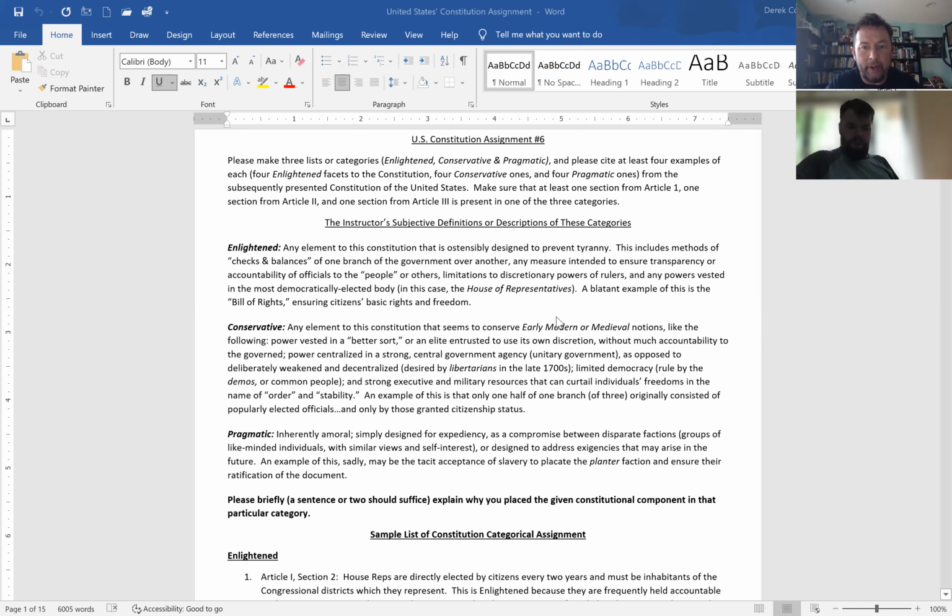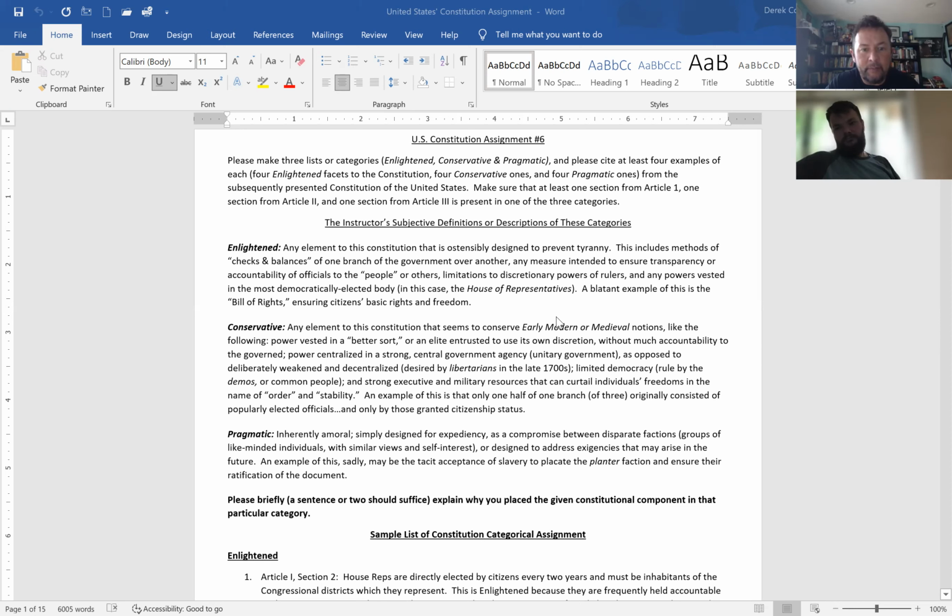Limitations to discretionary powers of rulers. Any powers vested in the most democratically elected body, which is the House of Reps, right, initially. A blatant example of this is the Bill of Rights, ensuring citizens' basic rights and freedom. All right. So we'll get back to this if you have any questions.